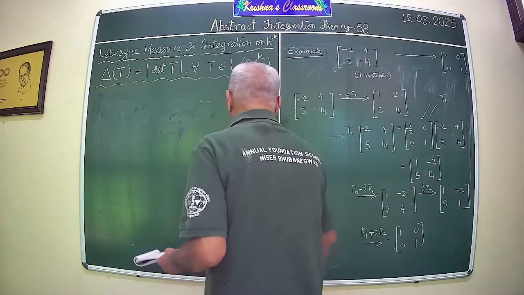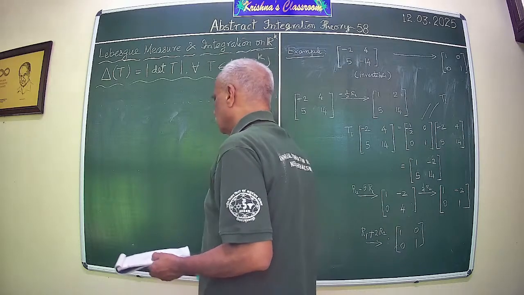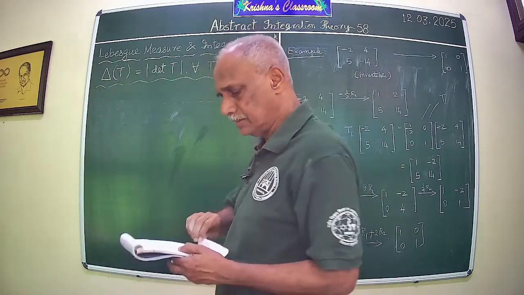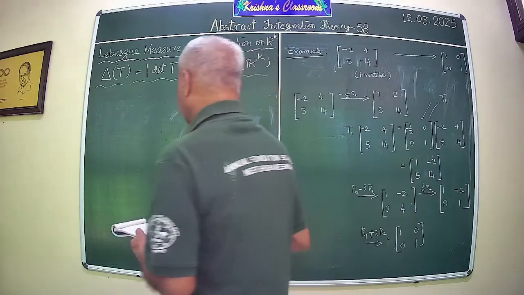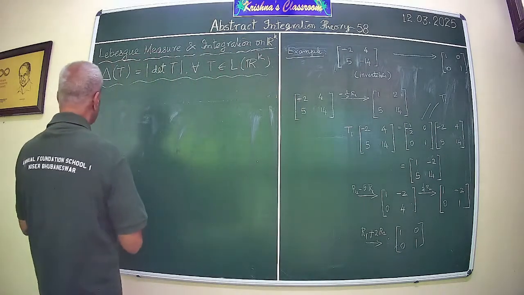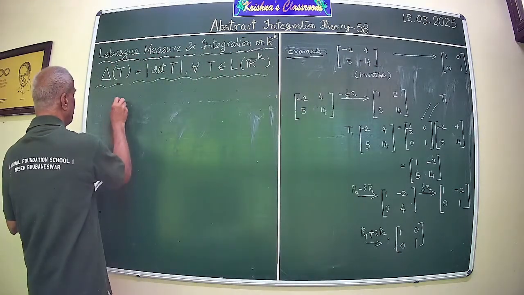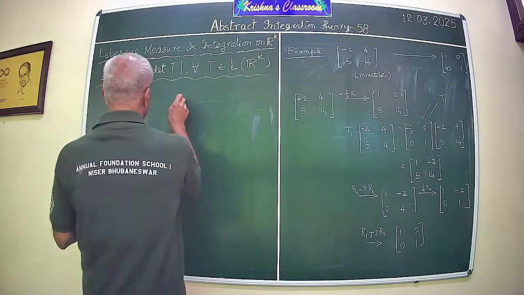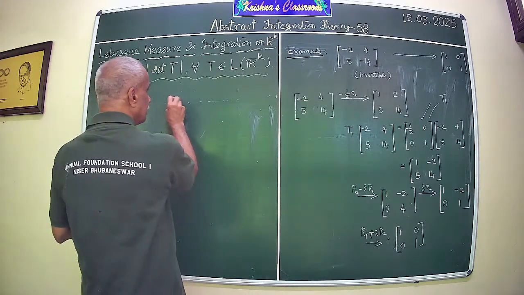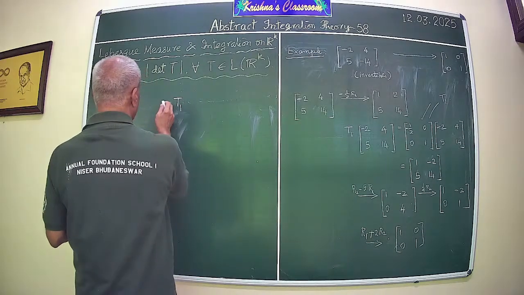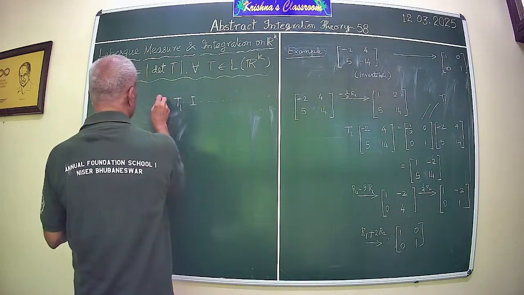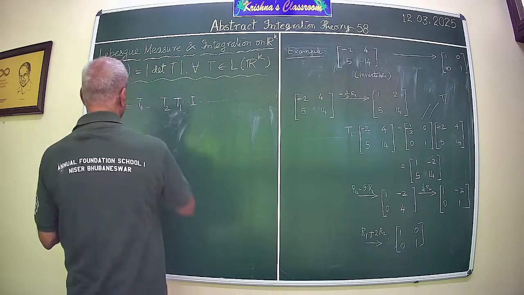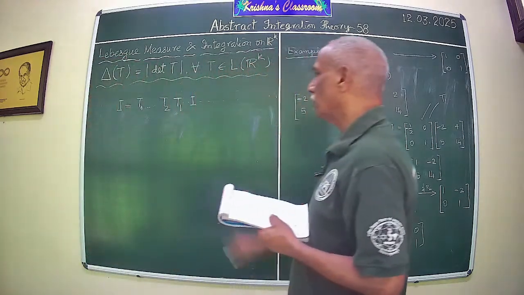It depends on the given matrix, or on the way you do it. So you end up with the following: I equal to A, you first apply T1, then apply T2, and these are all row operations.